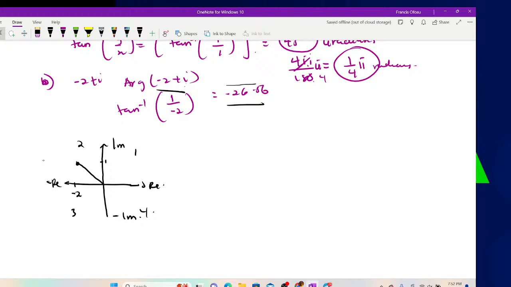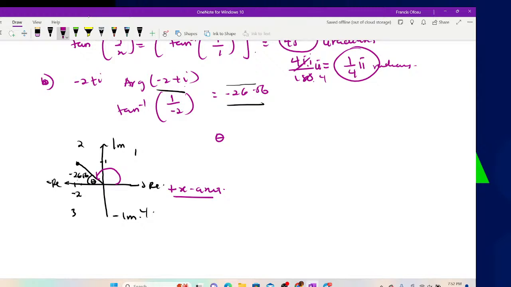So when the number is here, you realize that the angle theta is making with what? This axis. And that is what we call negative 26.56. But from the definition, the argument theta is the angle a complex number makes with the positive x-axis. Take note, positive x-axis, not any other axis. Meaning that we are going to take the argument from this side until it touches the complex number here.